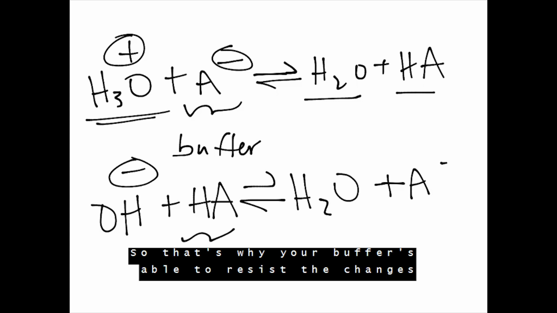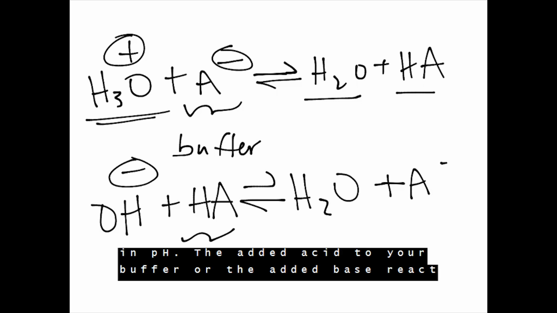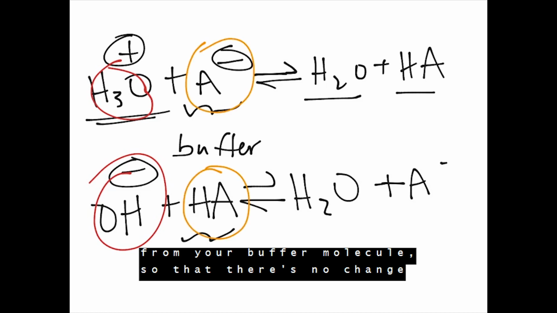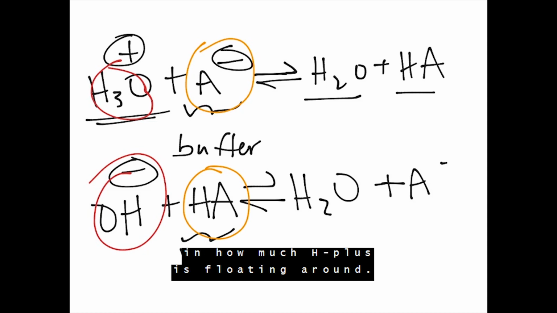So that's why your buffer is able to resist the changes in pH. The added acid or the added base react with either the weak acid or the conjugate base from your buffer molecule so that there's no change in how much H plus is floating around, so there's no change in the overall pH.